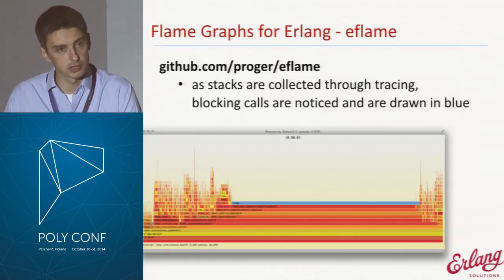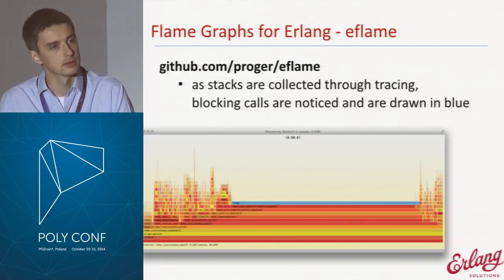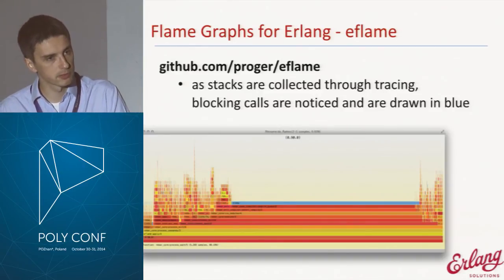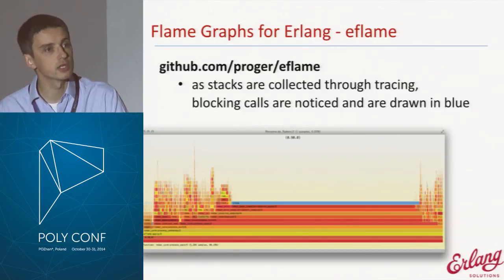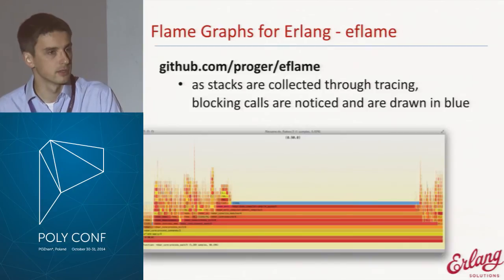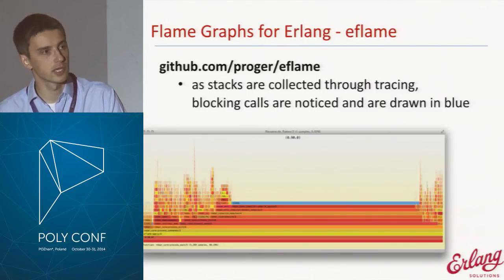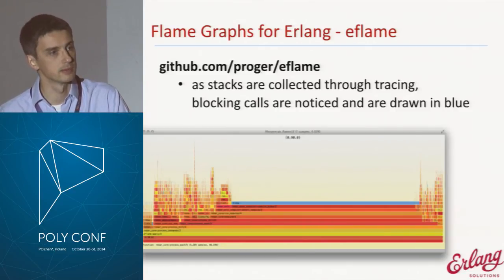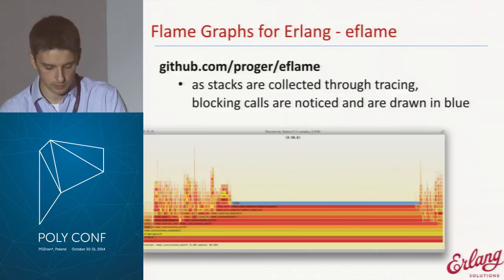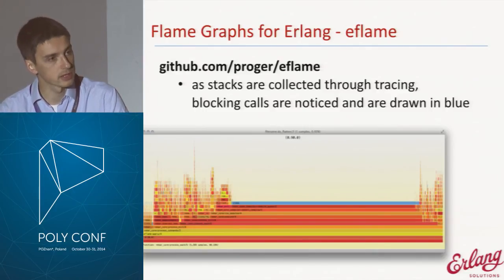So not only we get this typical for flame graphs feedback about which function the process spent most time in, but also we see which calls were actually blocking the process, which is also very useful when trying to profile and understand what takes time. It could be that something takes time, but you hardly see any CPU used. So where does the process spend its time? Very useful. So again, flame graphs, actually it's a general technique. It can be used also for other systems, not only Erlang.